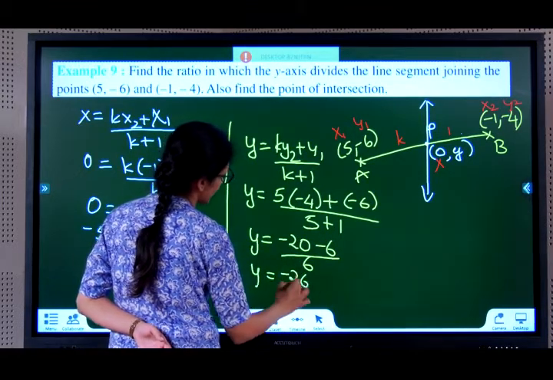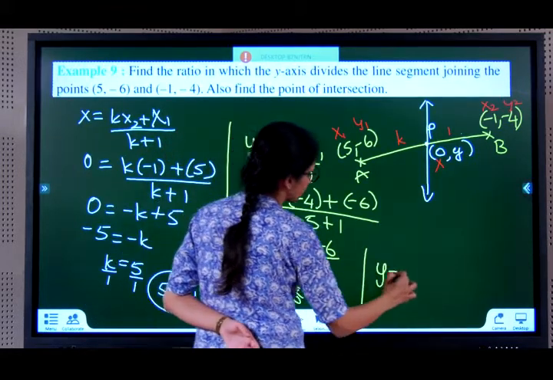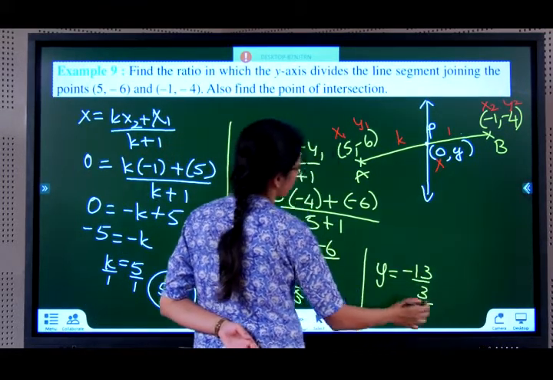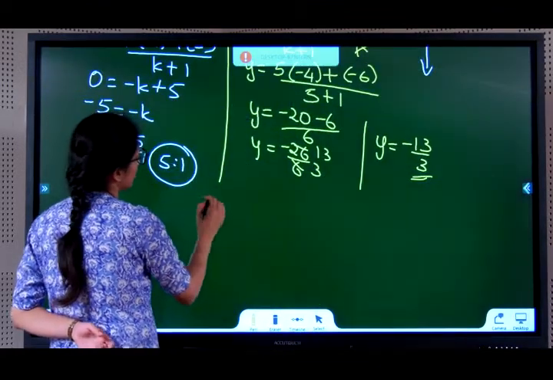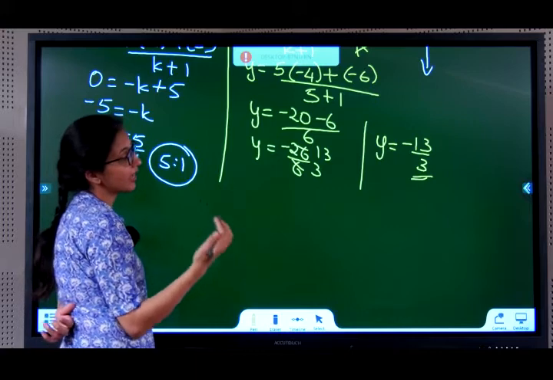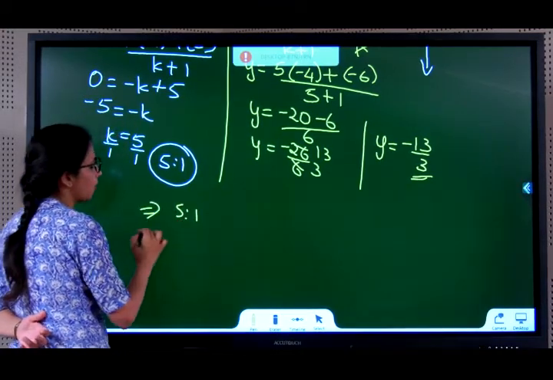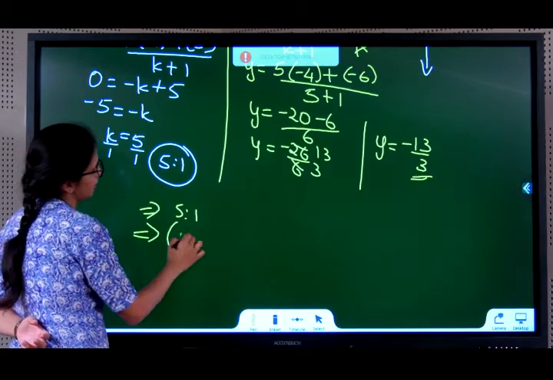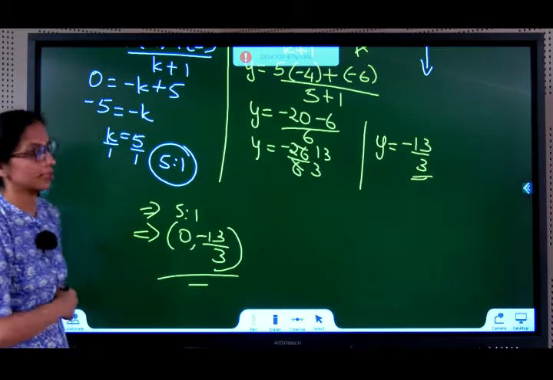Minus 26 by 6. 2 3s are 6, 2 13s are 26. Y is equal to minus 13 by 3. Therefore, the point is 0 comma minus 13 by 3. So you can say that the y-axis divides the line in the ratio of 5:1 and the point is 0, minus 13/3. Please give the conclusion statement.